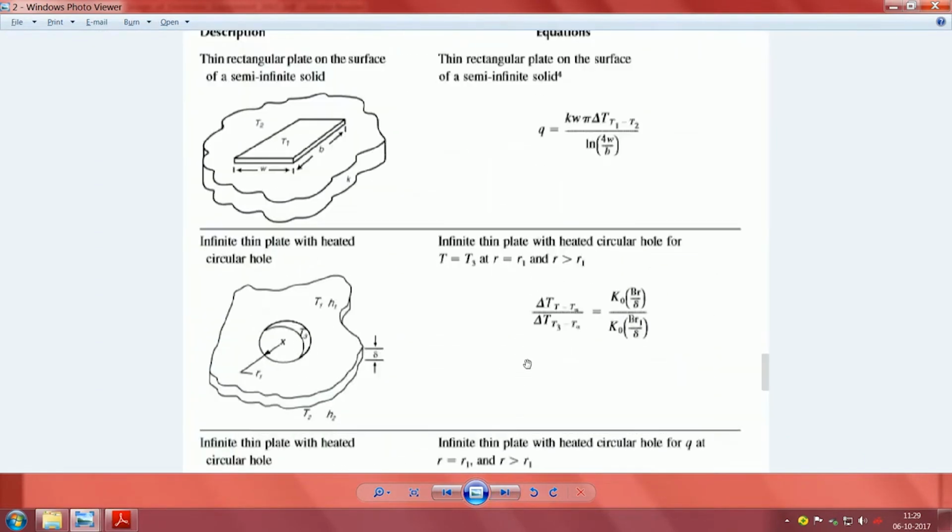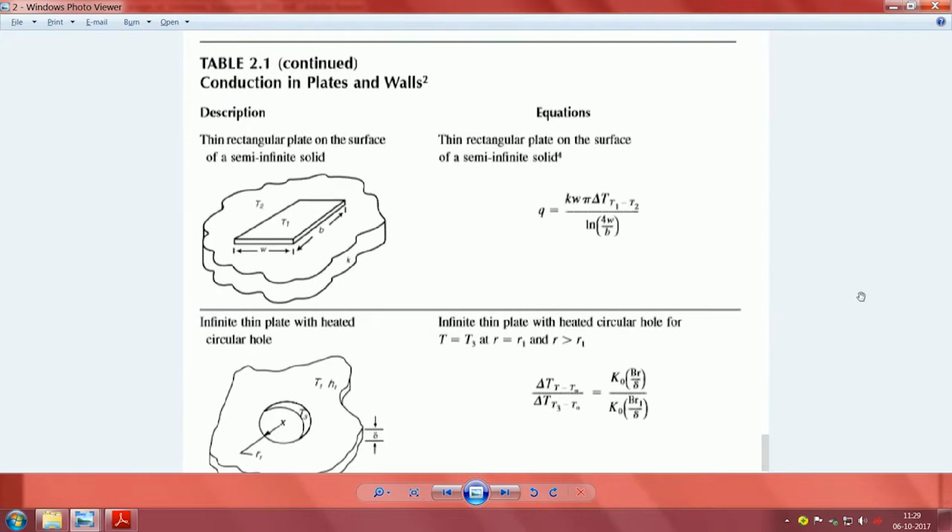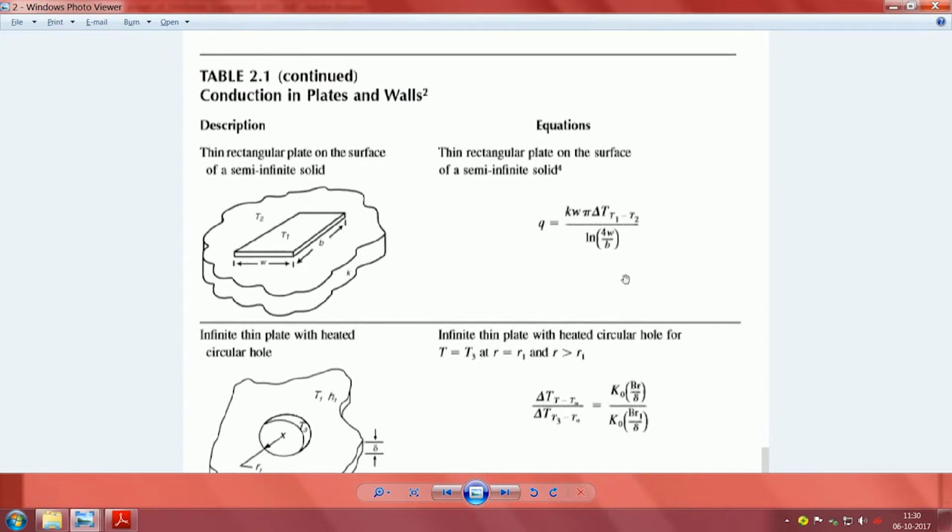Similarly, yesterday I was showing you this. So, very simple equations about the semi-infinite solid. When there is a semi-infinite solid, it means that after a little while there is no further temperature gradient.